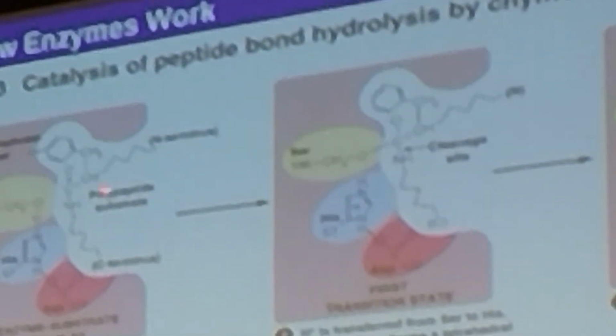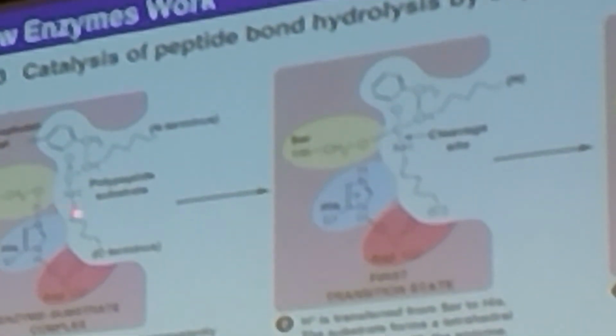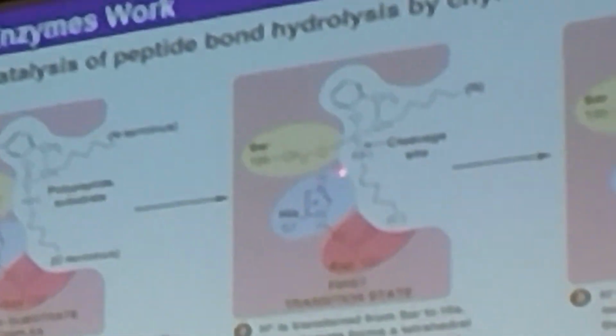And when this nitrogen takes that proton, the nitrogen already has 3 bonds, so the double bonds shift to make a double bond here, and then this hydrogen shifts to that oxygen, because that oxygen has the negative charge and needs a hydrogen. So eventually this hydrogen moves to that oxygen. Now the oxygen can make a bond with that carbonyl carbon, and this compound becomes tetrahedral geometry, because it was trigonal planar before.